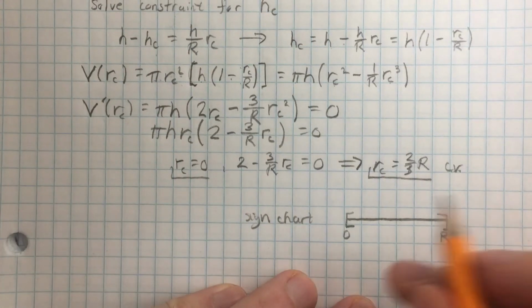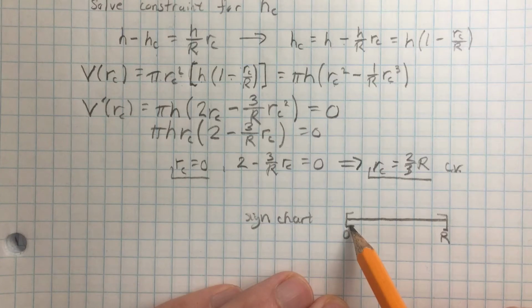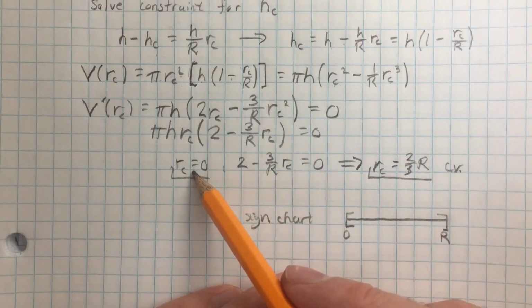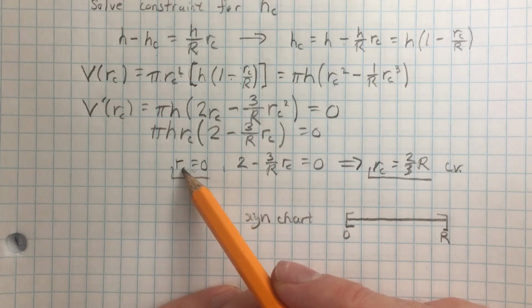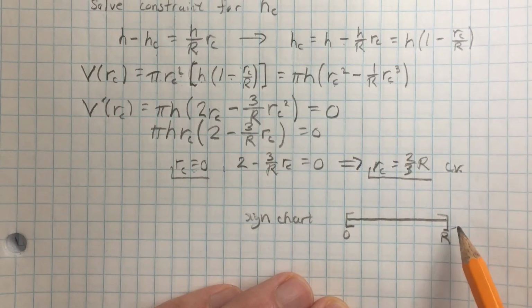All right, now I don't need to really put this critical value on here. It's on here already in a sense, and we know that this does not make the volume maximal, because when the radius of the cylinder is 0, as I discussed previously in this problem, you're going to have a volume of 0. Again, this corresponds to one of the extremes for the cylinder structure within the cone. Now really over here is the other extreme.